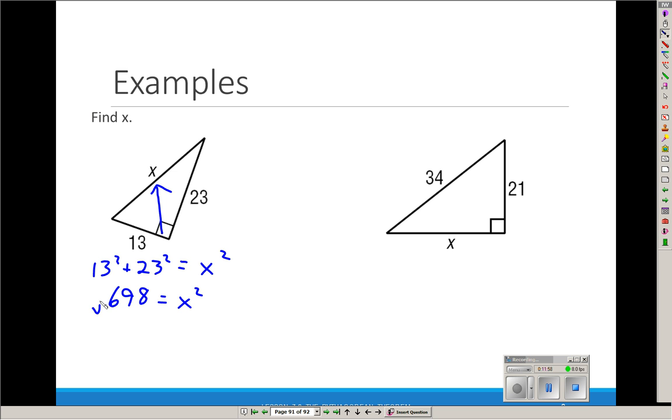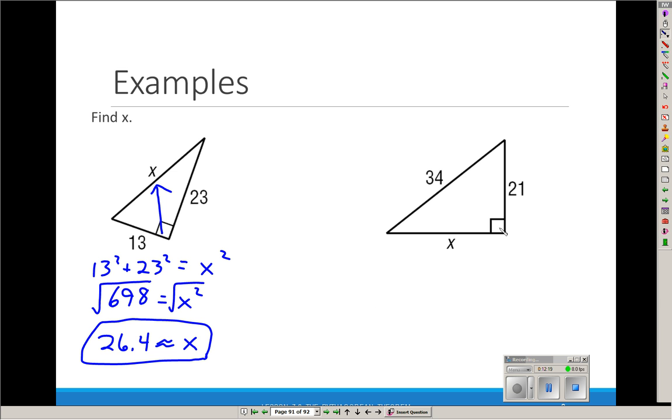And I can square root each side. Square root of 698 is about 26.4. And the square root of x squared is x. Sometimes it's a decimal. And if it's a decimal, round to whatever they ask you to round to.